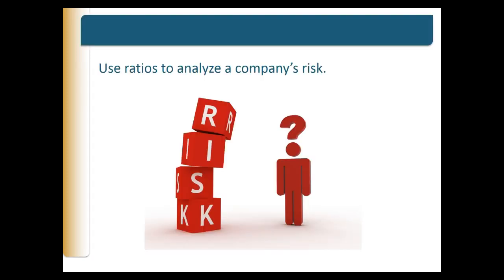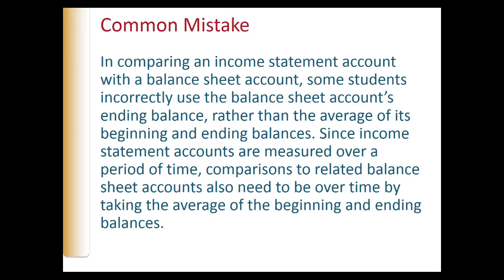So let's talk about using ratios to analyze a company's risk. Now, a common mistake is using the ending balance in a ratio as opposed to the average of its beginning and ending balances. Income statement accounts are measured over a period of time, like a video.